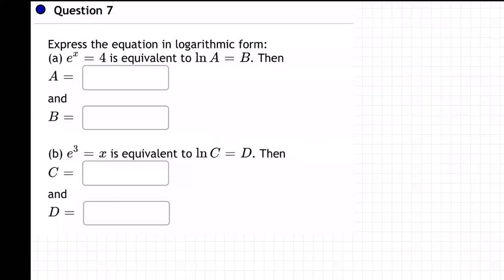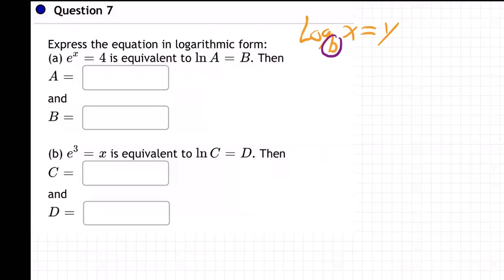Okay, so on this question, we're exploring the relationship between a logarithm statement and an exponential statement. So how does that work? Well, basically, remember that if you have log base b of x equals y, let's say, then you can change from log form.